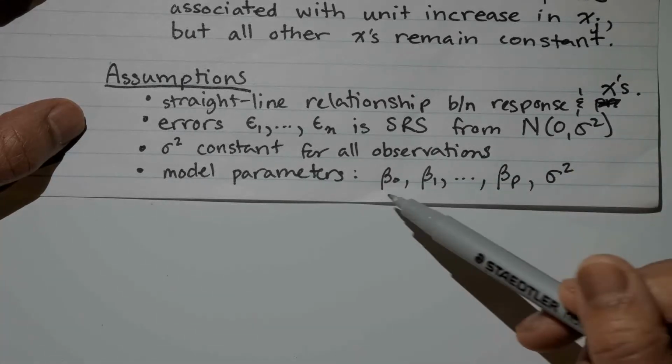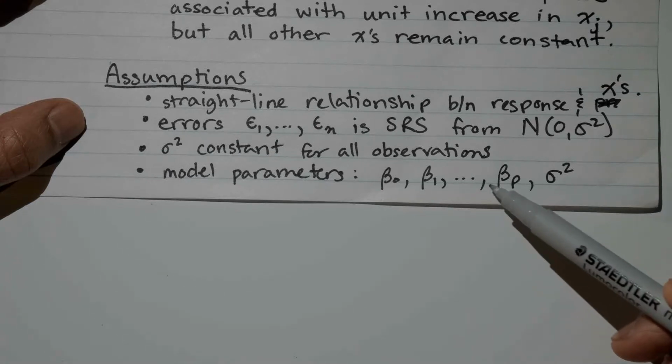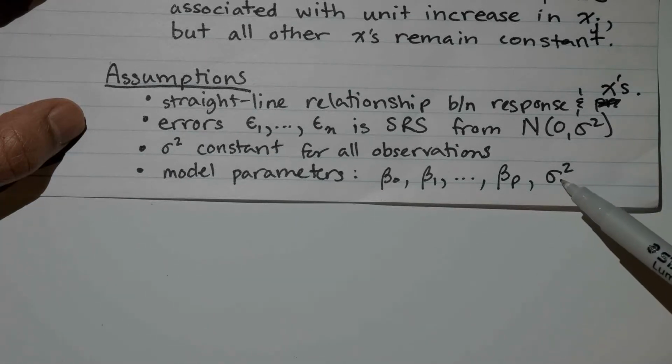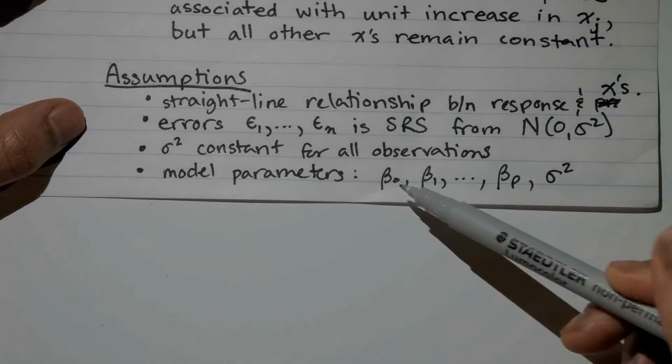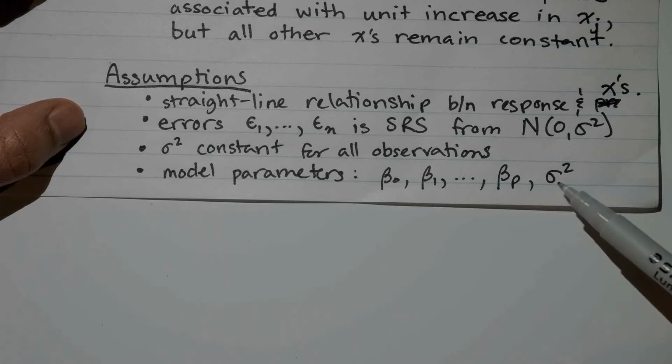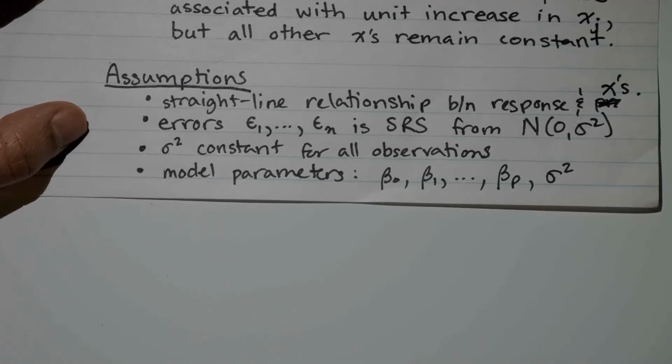And those model parameters were beta naught, beta 1 up to beta p, as well as sigma squared. So in the discussion that we just had, we talked about how to estimate all of the betas as well as your S squared. So this is in a simple linear regression setting.